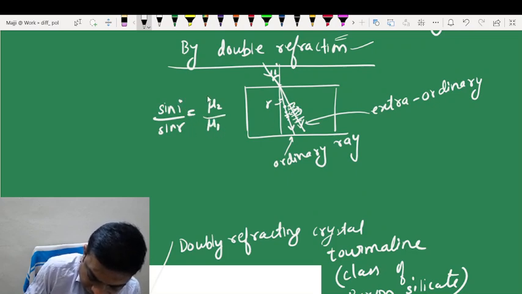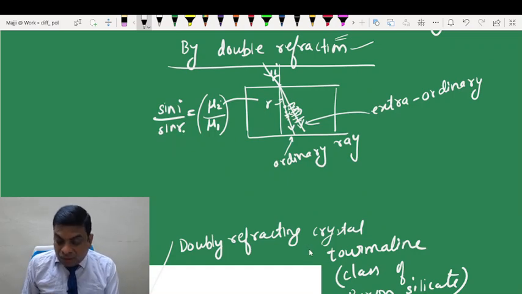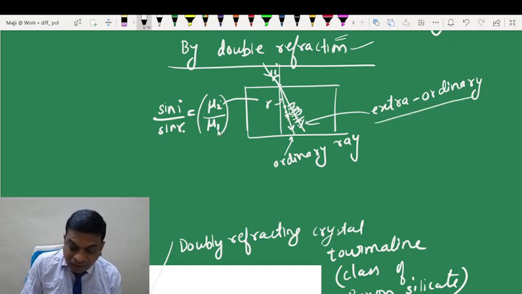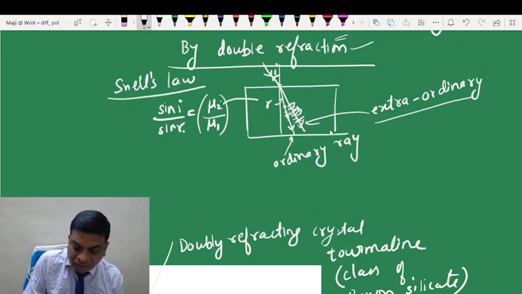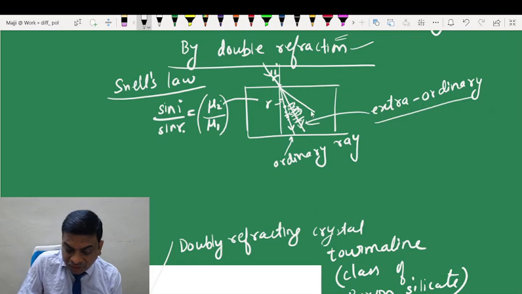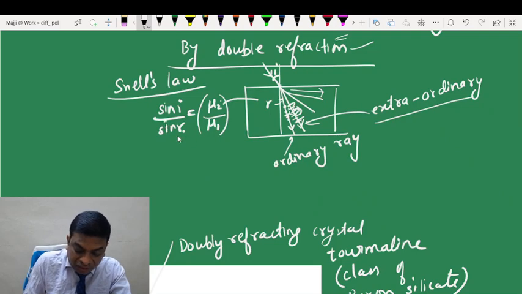If this is being followed, that means mu for the material is fixed for this ray, so r is fixed. Whereas the extraordinary ray does not obey Snell's law, which means mu is not fixed for this material. In fact, mu is different in different directions for the extraordinary ray. So that is the reason r keeps changing.